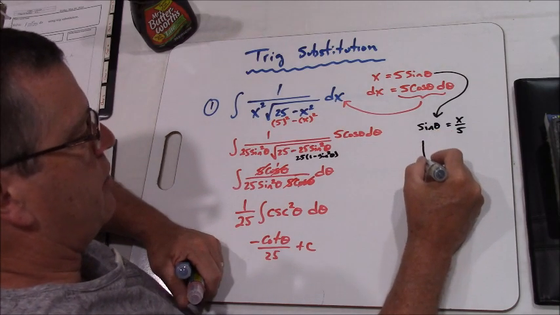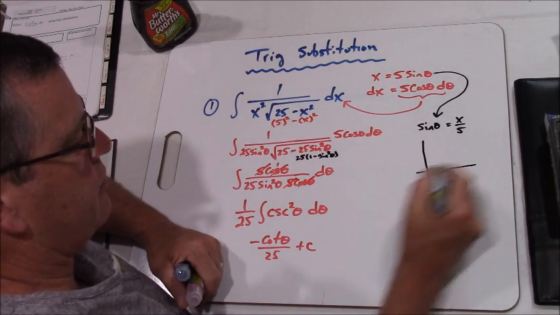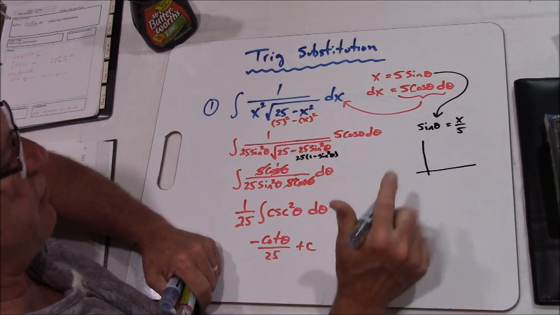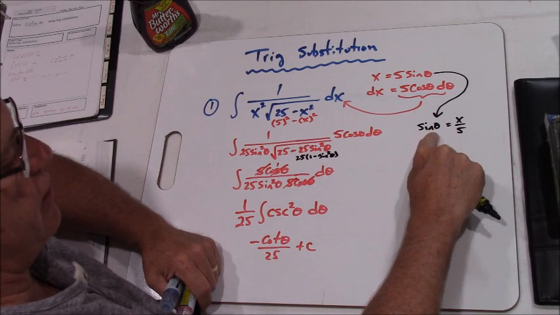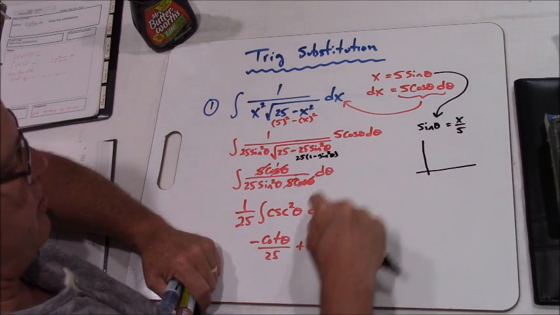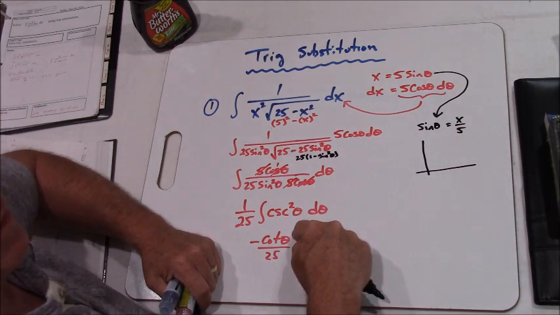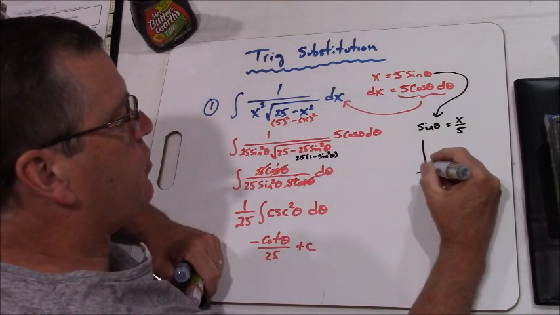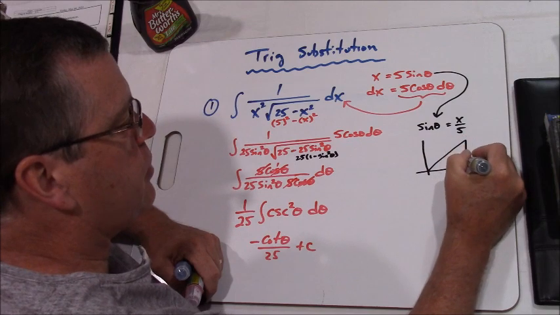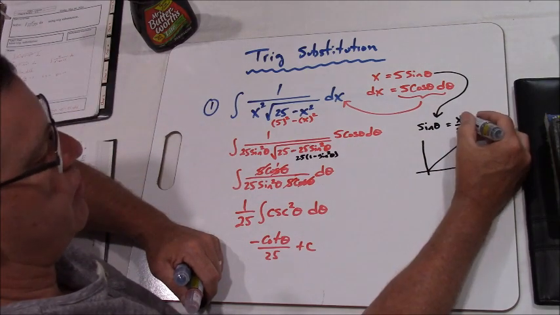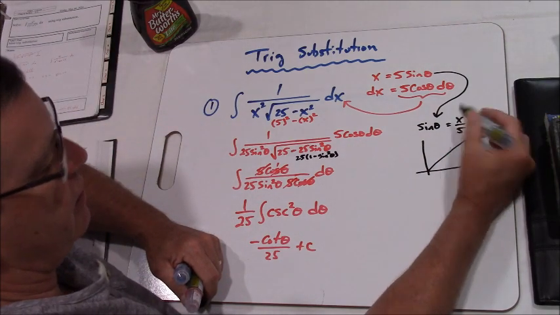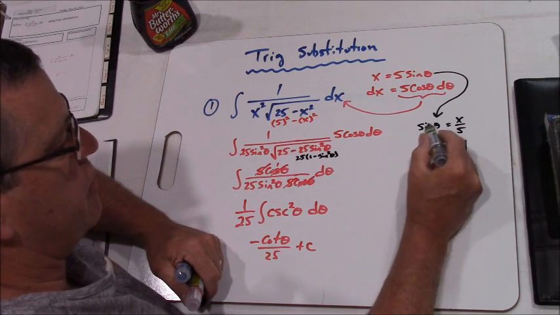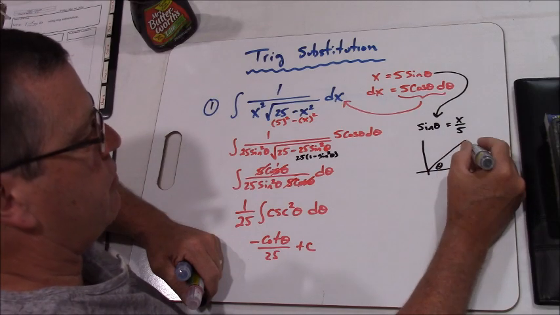And so now what I need to do is draw a triangle. This is almost like going back to trig from pre-calc. If I know the sine of theta is equal to x over 5, well then what's the cotangent of theta equal to? So I'm going to draw a triangle here. I'm just going to put it in the first quadrant. I really don't know what the value of x is. Since I don't know, I'll keep it easy. Call this theta. We know sine is opposite over hypotenuse.